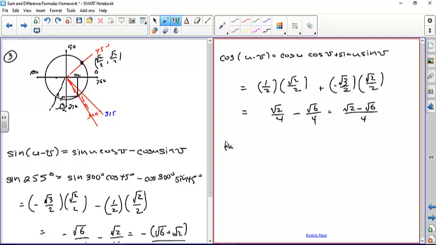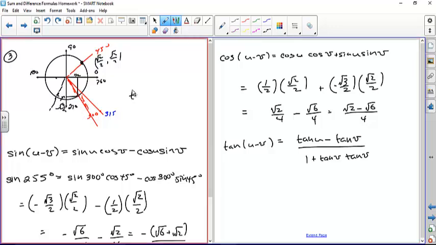And then the tangent of u minus v is the tangent of u minus the tangent of v divided by 1 plus the tangent of u times the tangent of v. Okay, so what are the tangents here?